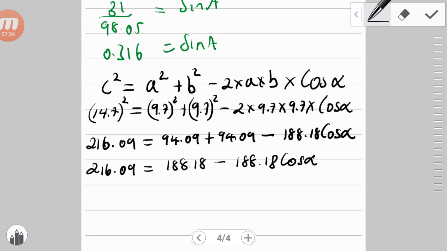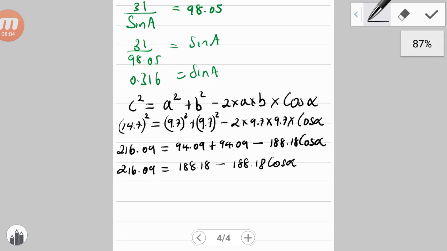Now, a couple of mistakes that I saw while marking this particular question on my students' papers were that you constantly forget that you are not allowed to subtract here, because you would be subtracting a trigonometrical variable from a numerical value. The 188.18 is married, as we say, to the cosine alpha. So subtraction is not possible here.